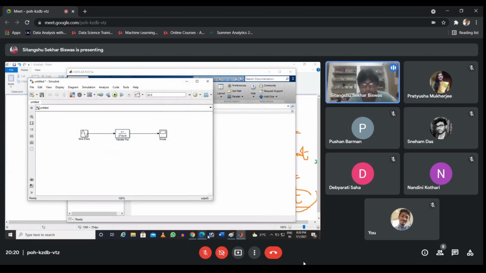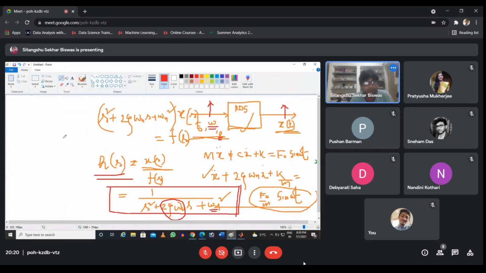One more thing I need to tell. The transfer function can be written as numerator by denominator. If you get the roots of the numerator, in our example s minus 1, the root is s is equal to 1. That means we can say the system has a zero at s is equal to 1.